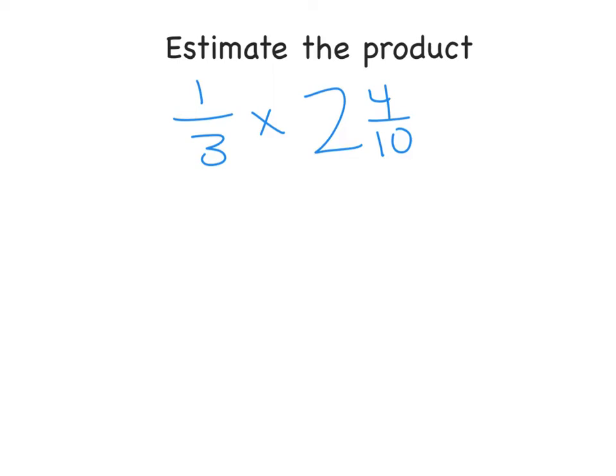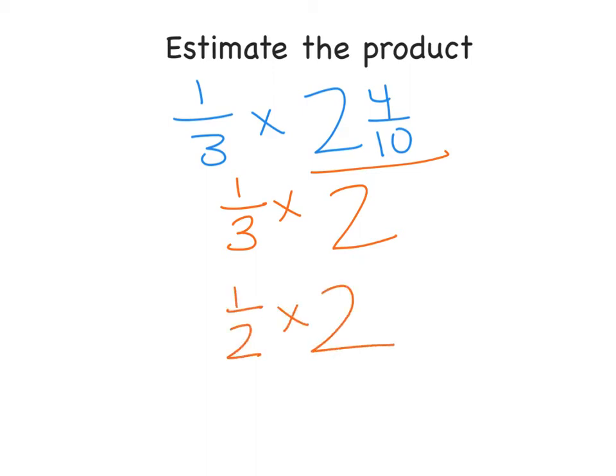But this has both. So my recommendation to you in this case would be to first just change your mixed number to the nearest whole number. So 2 4/10 is in between 2 and 3, but it's a little bit closer to 2. And then from there, you can change your fraction if you need to. 1/3 is pretty close to 1/2, so I could do 1/2 times 2 because, again, I'm trying to find something where I can divide the whole number by the denominator and then multiply by that numerator.